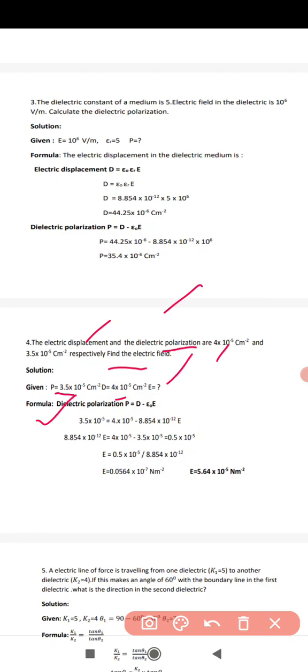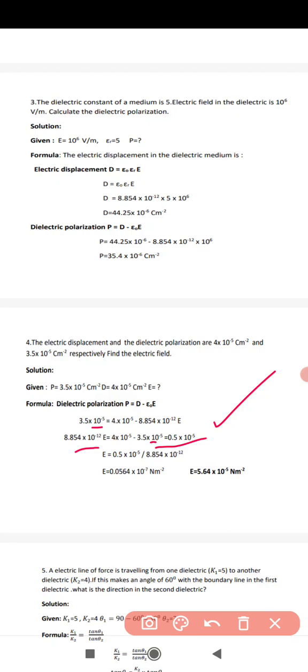We know the formula P is equal to D minus epsilon naught into E. Substituting all these values, the E term will be taken to the left hand side and the other terms, 3.5 into 10 power minus 5, will come to the right hand side.